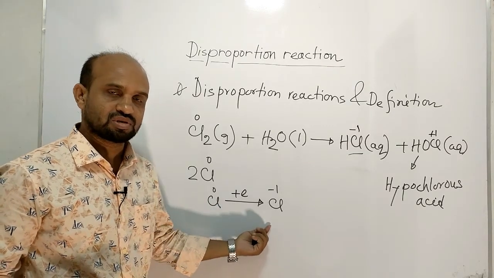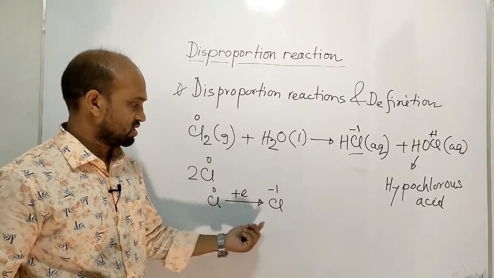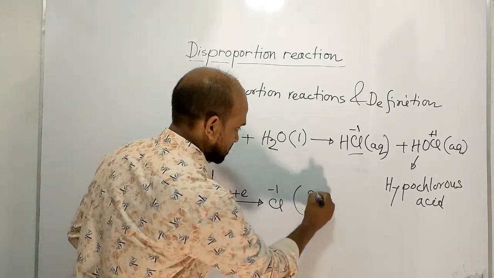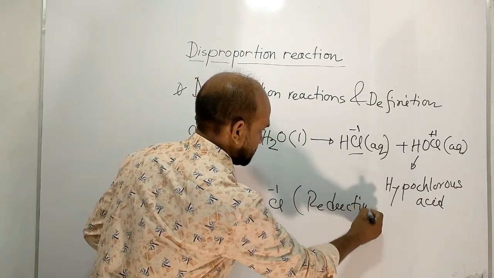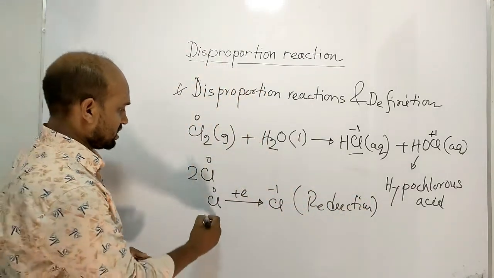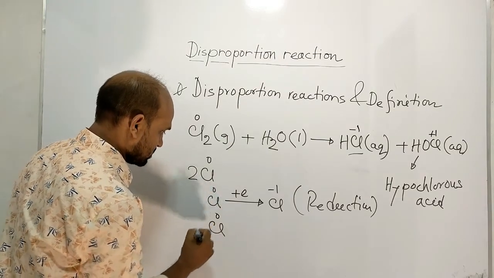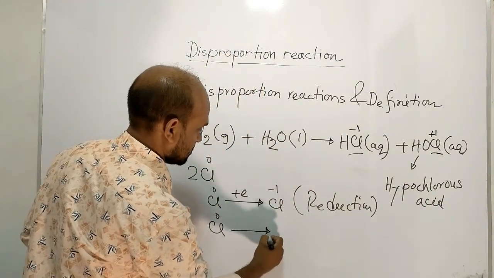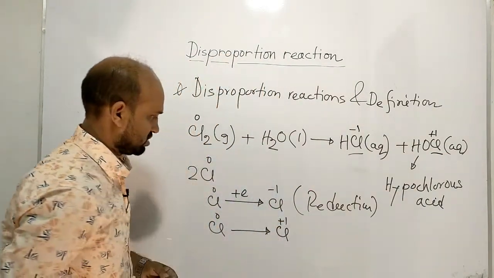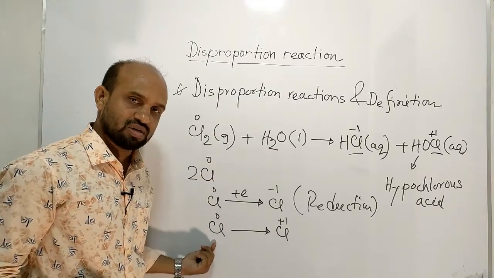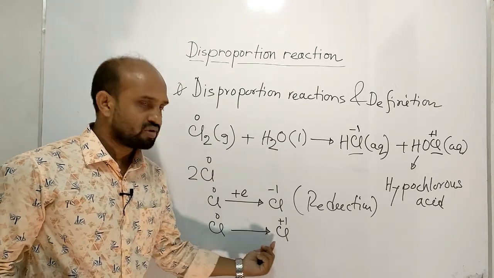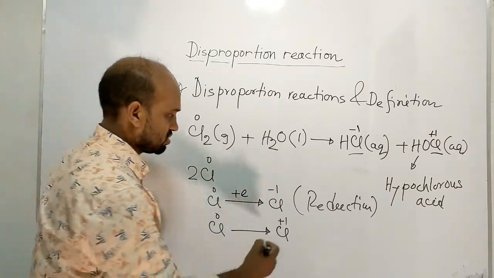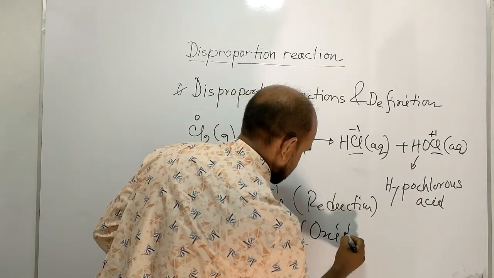Chlorine accepts an electron here, and acceptance of electrons is called reduction. And another chlorine atom goes from 0 oxidation number to +1. That means donation of electrons happens, and donation of electrons is called oxidation.